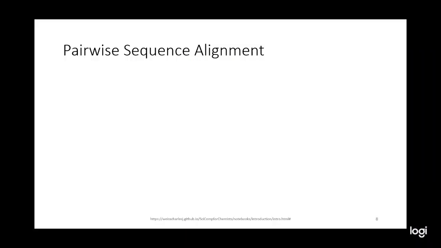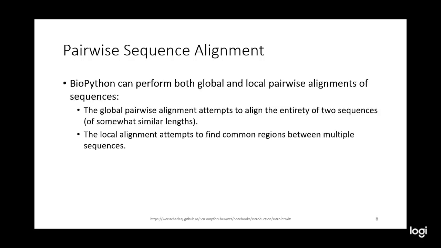Biopython provides a powerful tool for performing pairwise sequence alignment on both nucleic acids and proteins. This process helps identify similarities and differences between sequences, which is crucial for biological analysis.